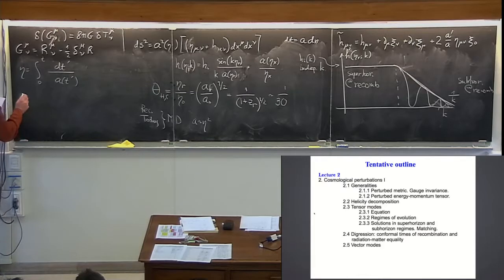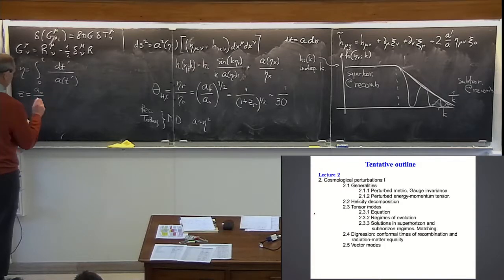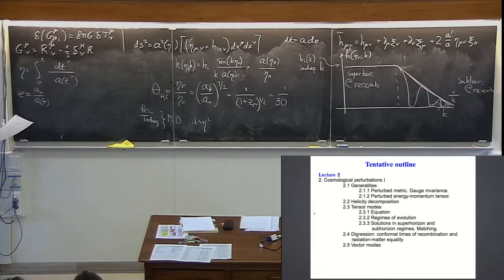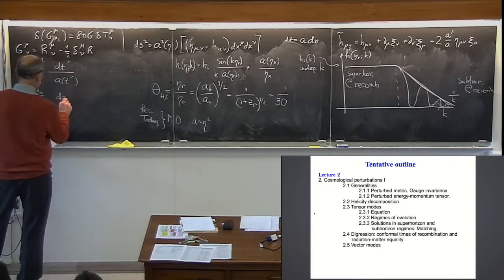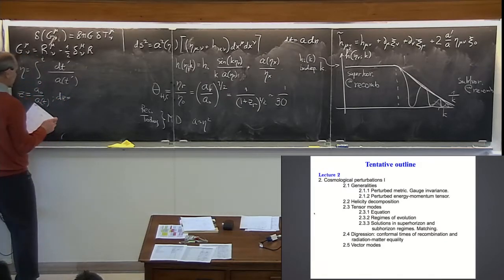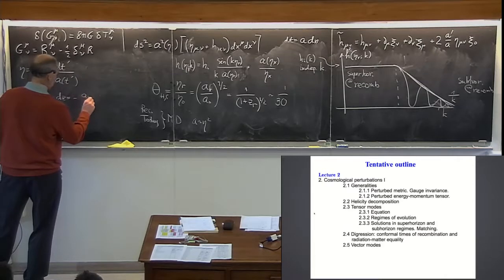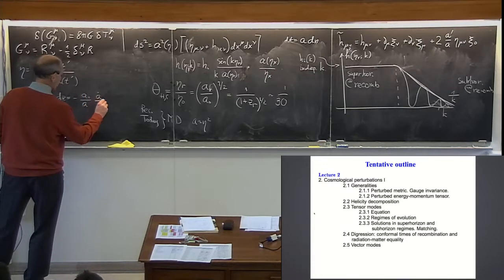Now let's recall that the redshift is a naught over a at t, so that dz is minus a naught over a dot over a d time, right?